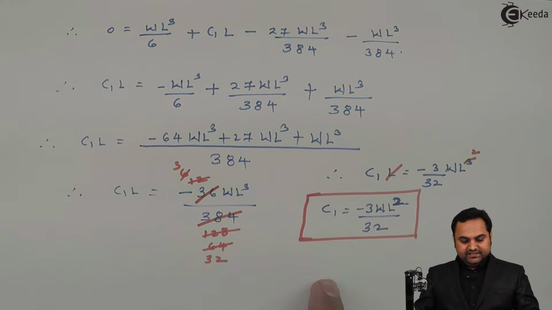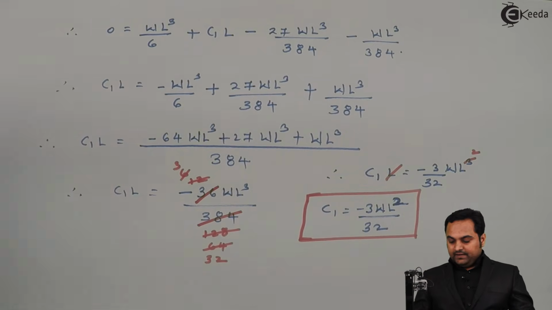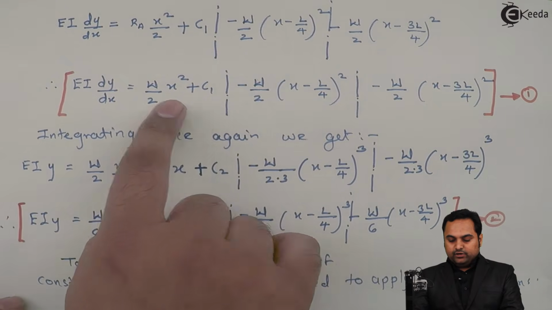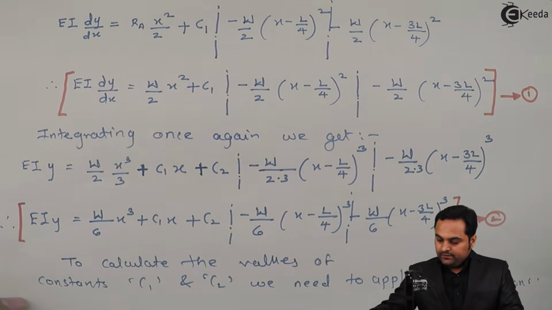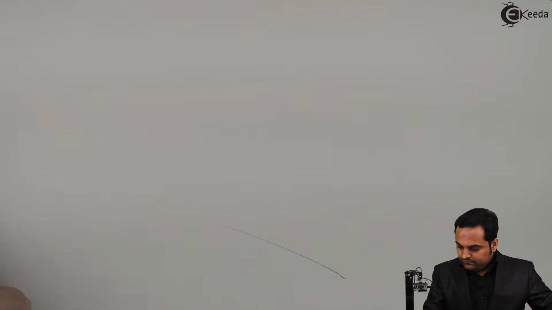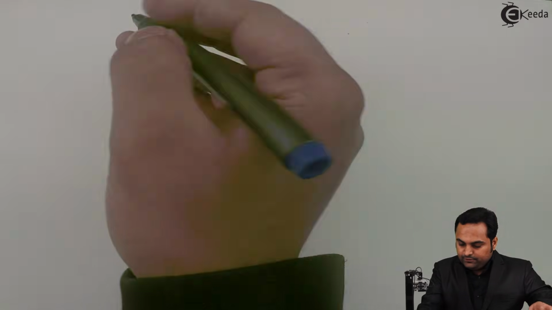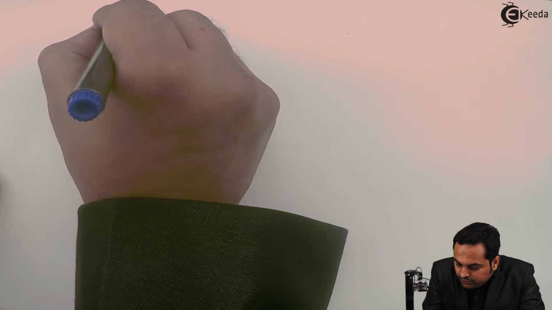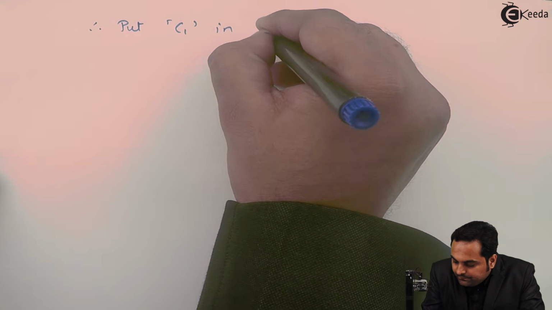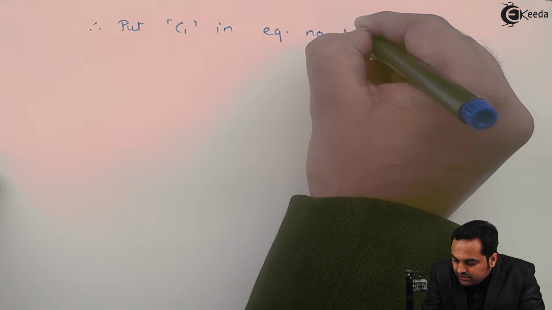So now after getting C1, I'll put the C1 value in equation number 1. So I will get the slope equation. Therefore, put C1 in equation number 1.